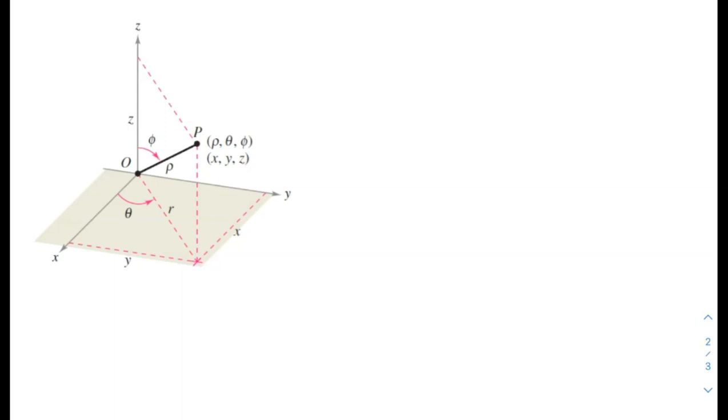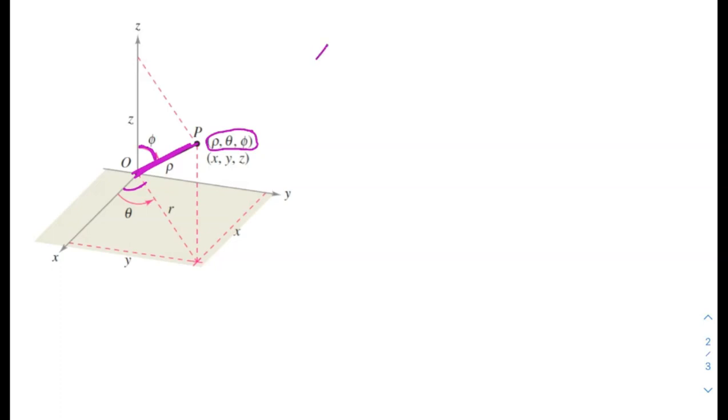The second scenario is to switch between spherical coordinates and rectangular coordinates. So this time we will start with spherical coordinates. Let's say we have a point given by rho, theta, and phi. So rho is this length here, theta is the same as before, and phi is that angle up here.